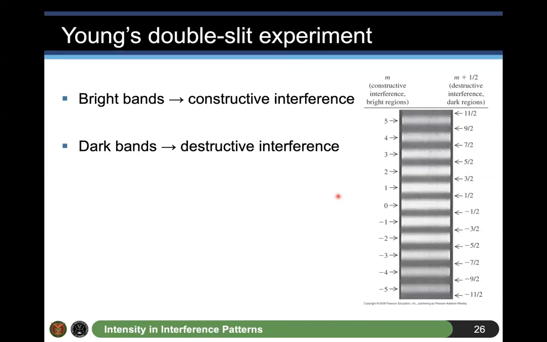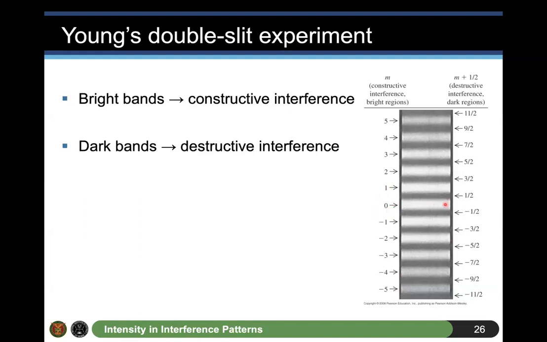Digging more into these bright and dark bands, the bright bands are the constructive interference. If we apply the conditions, we know that M should be an integer in constructive interference, so M equals 5, 4, 3, 2, and so on. For destructive interference in the dark bands, it is M plus 1 half. So we see the alternation.